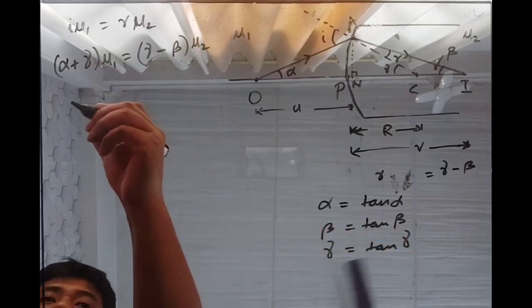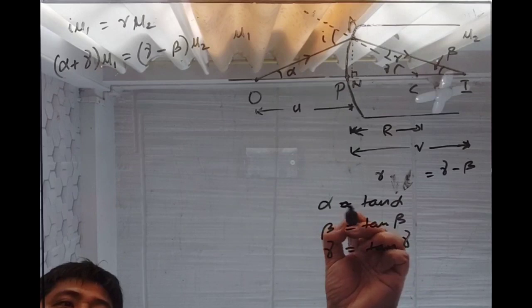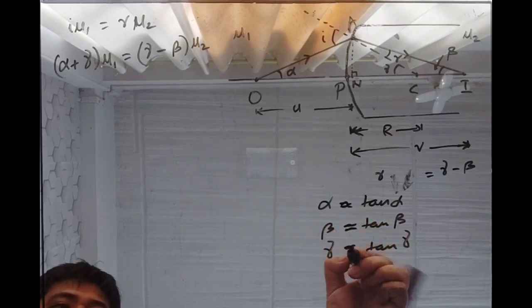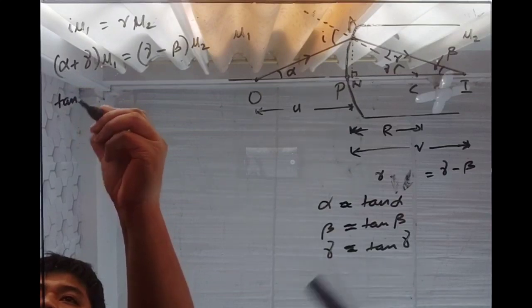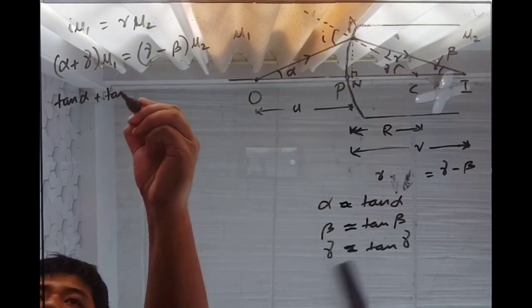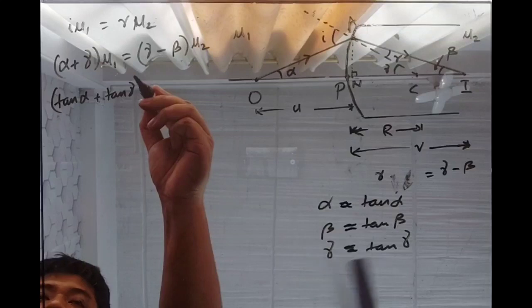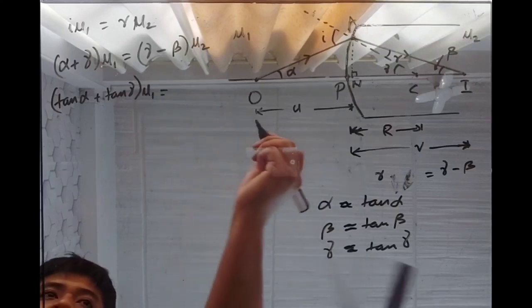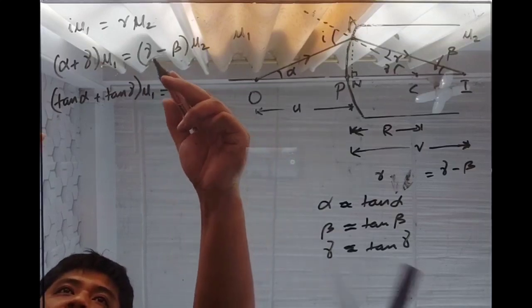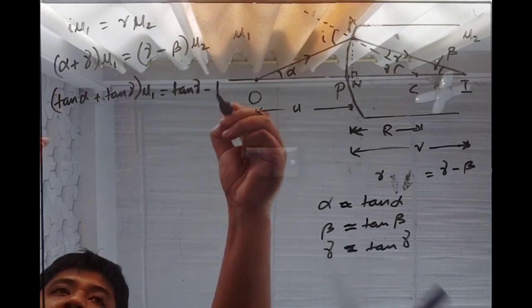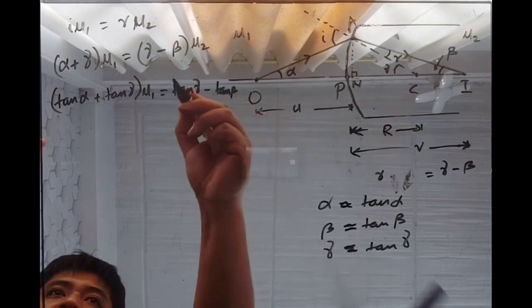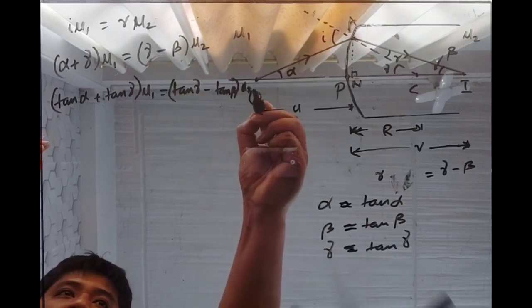They are not exactly equal. So tan alpha plus tan gamma, times mu1, equals tan gamma minus tan beta, into mu2.